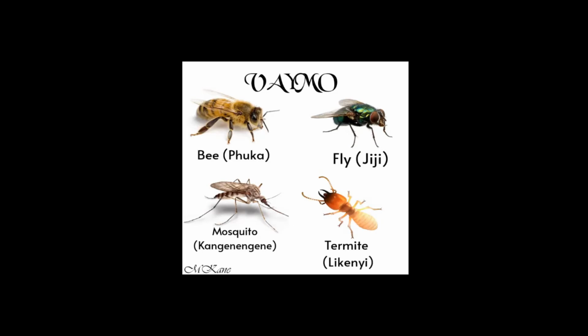When you have a lot of bees, it becomes vapuka. When you've got a bunch of them flying, or a group, or whichever way you describe them, bees, vapuka. Puka is one. Bees is vapuka.